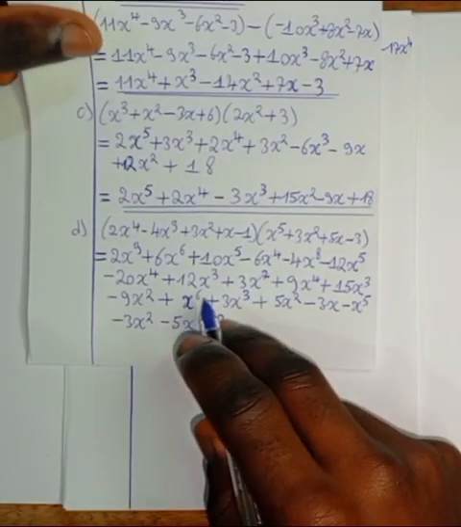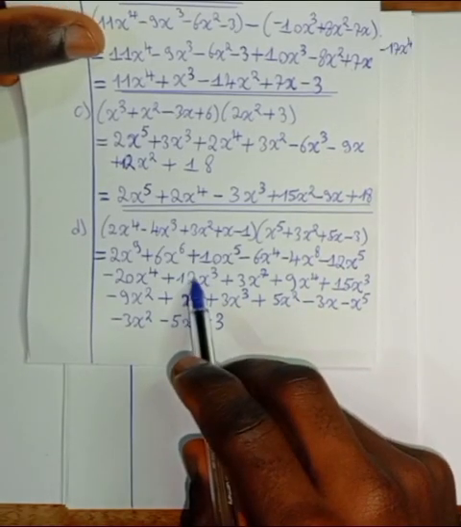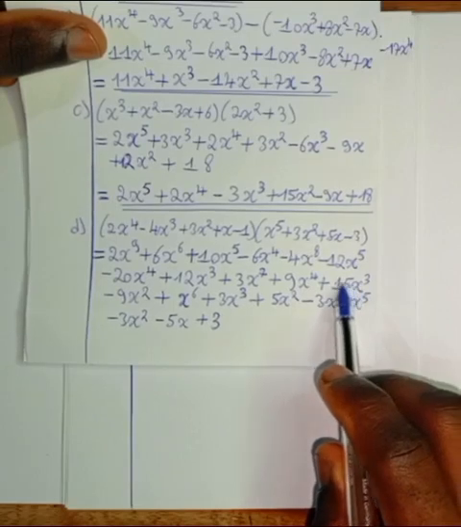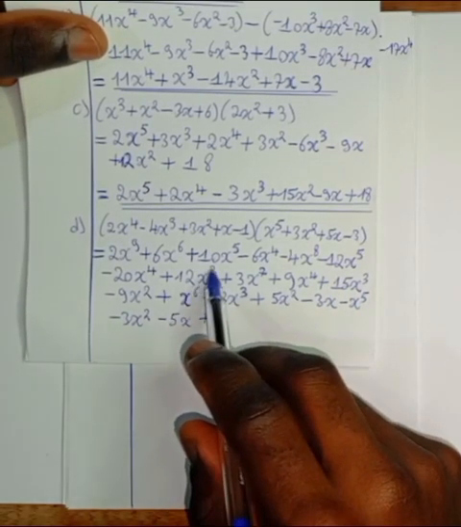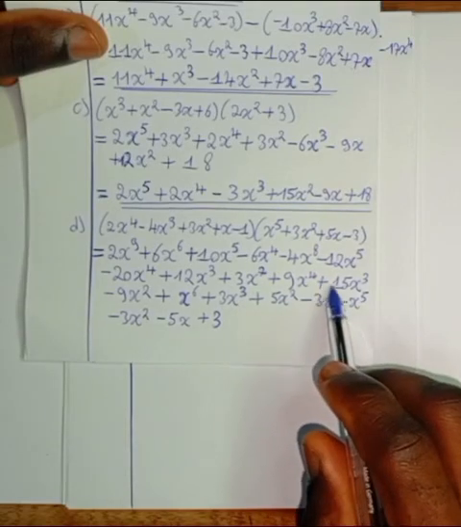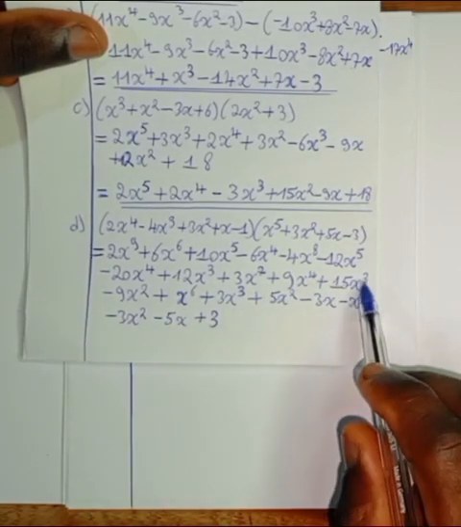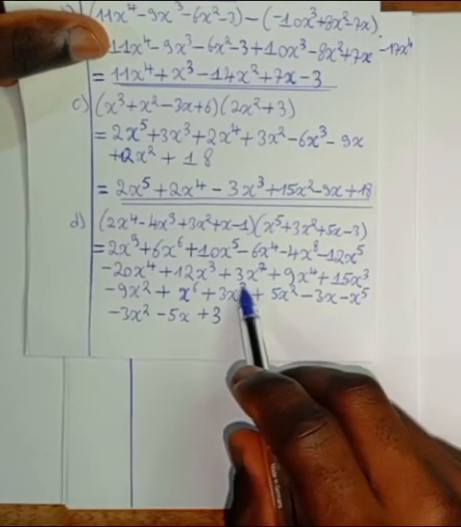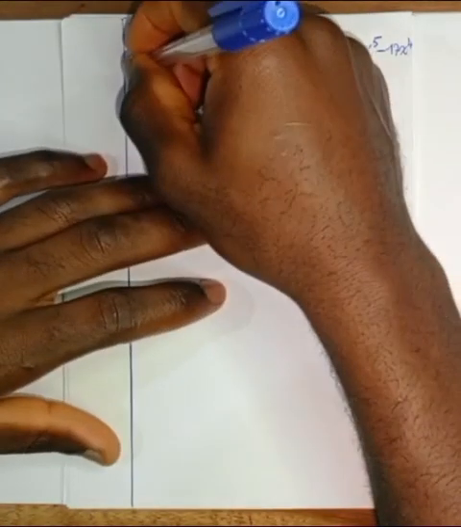Next, now we move to terms in x to the power 3. We have 1, 2, 3. We have 12x cubed plus 15x cubed. This will give us 27x cubed. 27x cubed plus 3x cubed gives us 30x cubed.